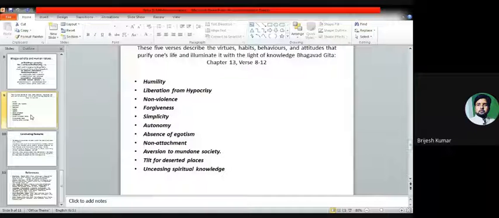If you talk about autonomy, it is an obstacle for the mind and senses to pursue worldly pleasure that defines the mind and intellect. We can also have non-attachment. It means separation from the world. We have only one mind, and we want to engage in the pursuit of spiritual goals.